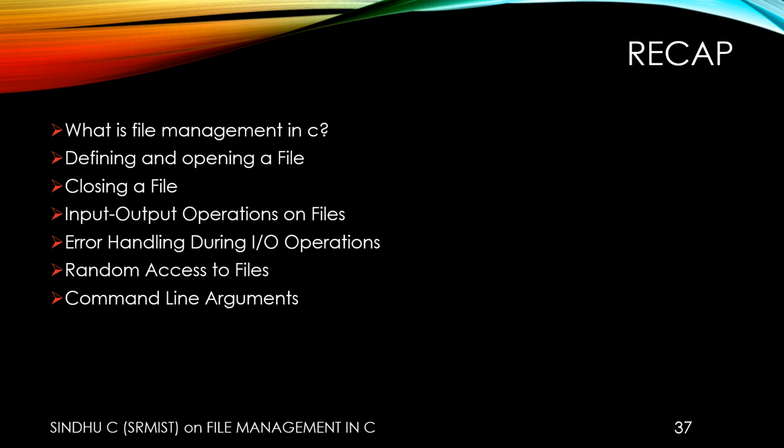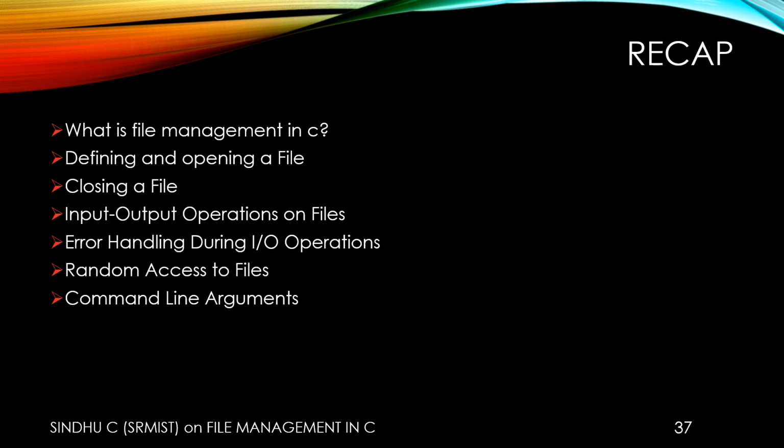So far in this lecture we have discussed the various file operations and how to manage files in C. We have seen how to define and open a file, how to close a file, the various input-output operations on files, and how to handle the various errors that occur during input-output operations on files.